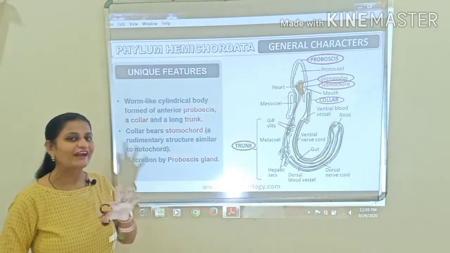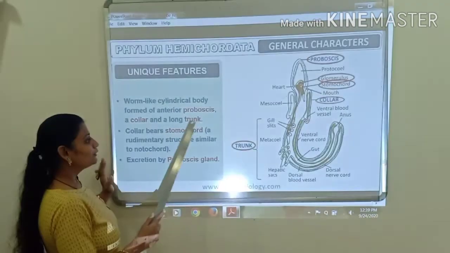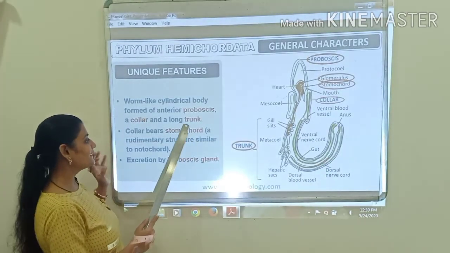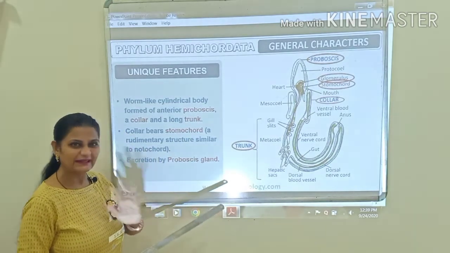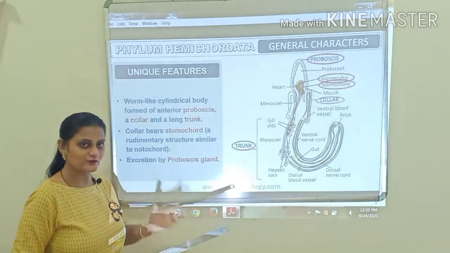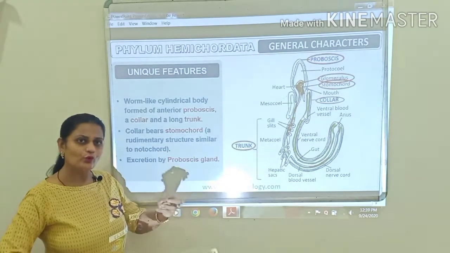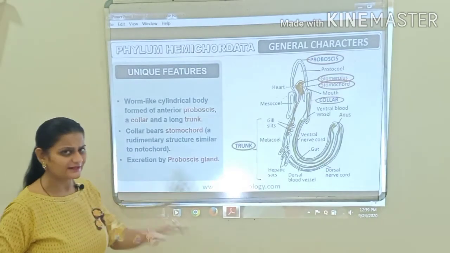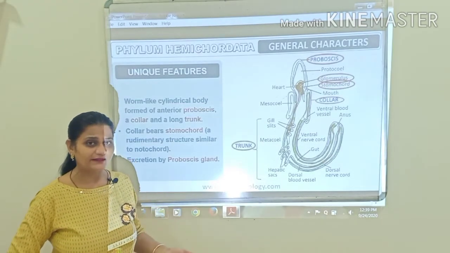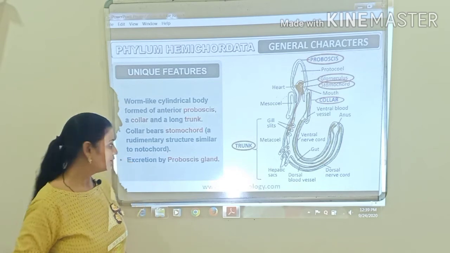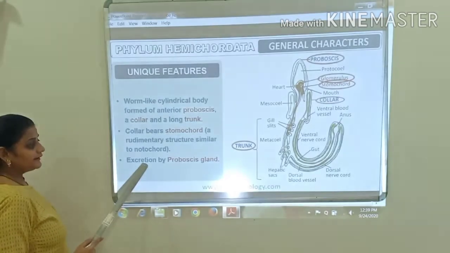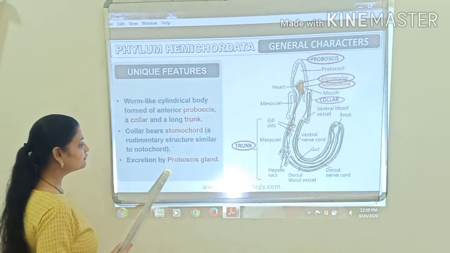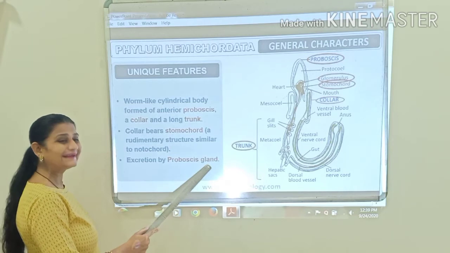Rudimentary means it is not very well developed. ठीक है, तो कॉलर में क्या है, स्टोमोकॉर्ड है, और ये स्टोमोकॉर्ड क्या है, वो अच्छे से नहीं डेवलप हुआ ऐसा एक स्ट्रक्चर है जो नोटोकॉर्ड के जैसा है. ठीक है, अब नोटोकॉर्ड क्या है, that we will be studying when we will be studying about phylum sub phylum Chordata. Okay, now excretion, that is the waste materials of the body, are removed by the proboscis gland.